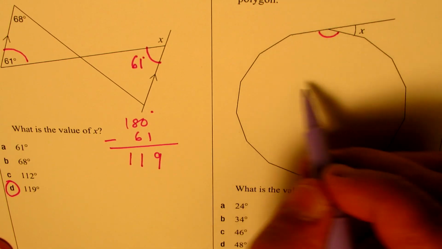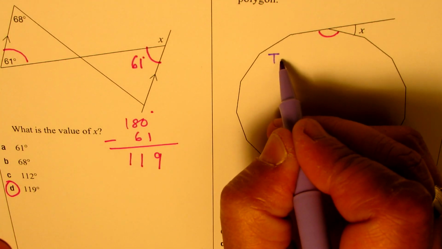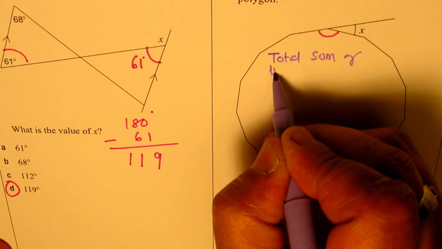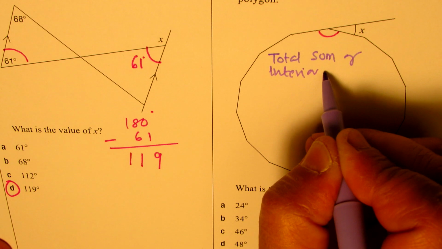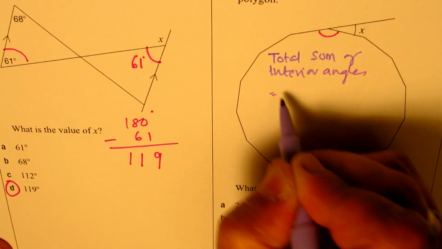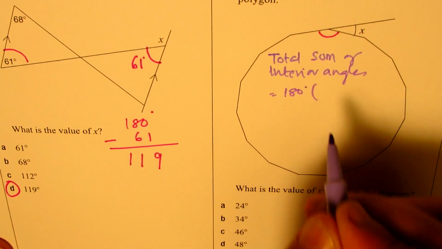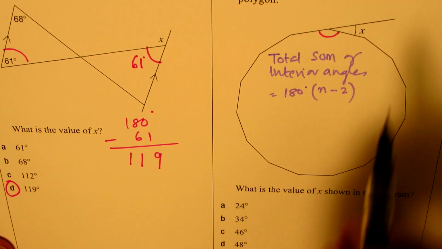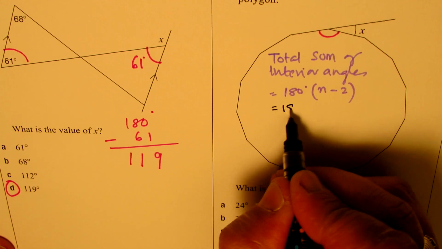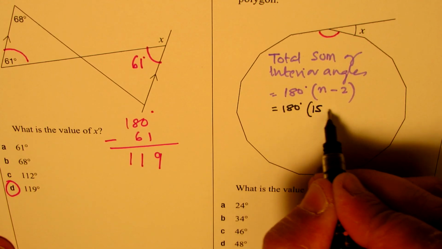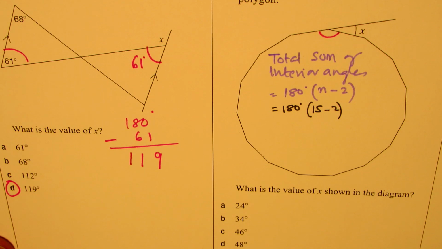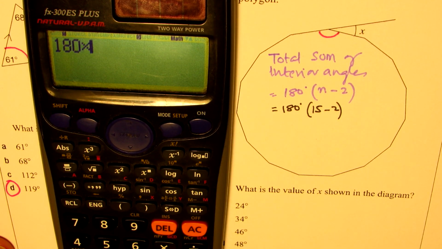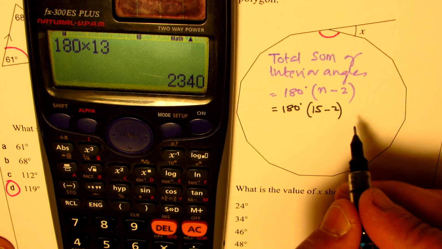Well, the total sum of interior angles is 180 degrees times n minus 2, right? In this case, 15 sides. So that means 180 times 15 minus 2, which is 13. Let's calculate 180 times 13.